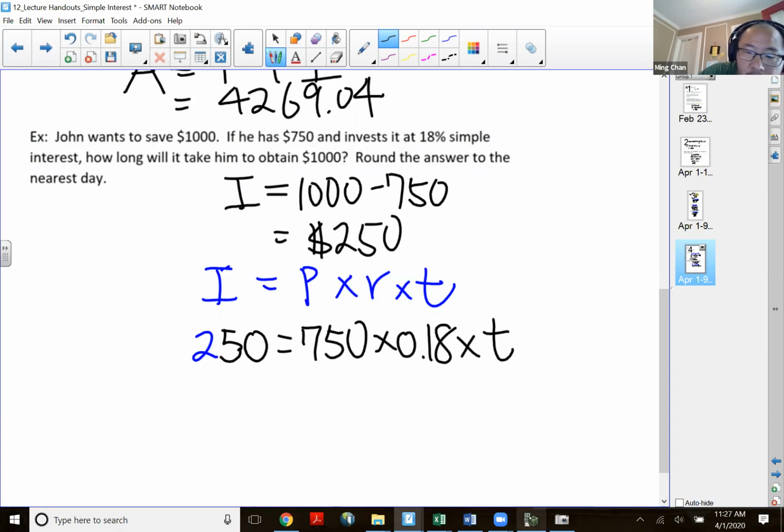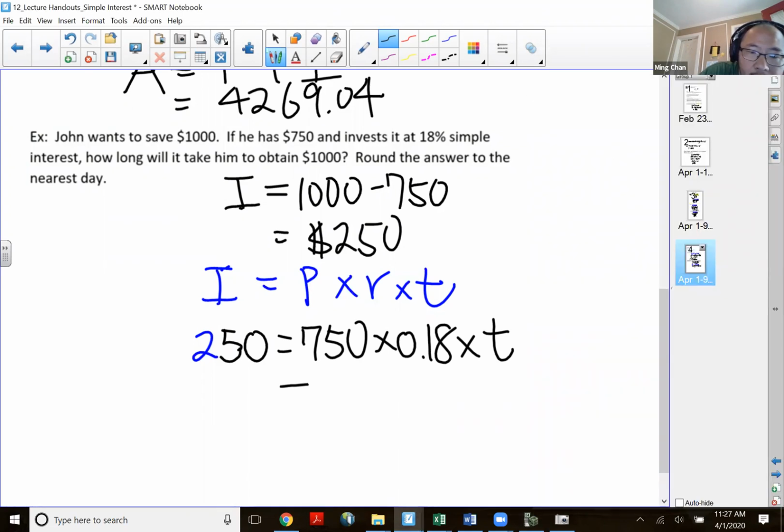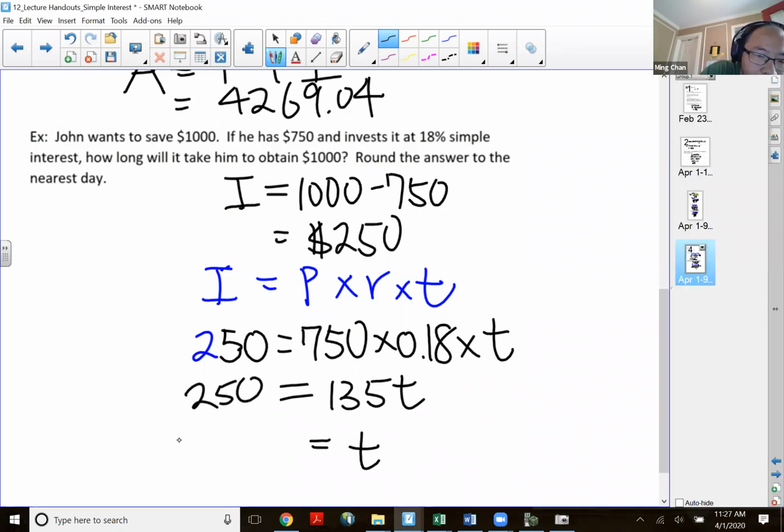The whole right side is one term again. 750 times 0.18 times T is 135T. To get T by itself, we'll divide both sides by 135. So 250 divided by 135 will tell me this is 1.85 something. Now remember, T is always in years, so that's 1.85 years.